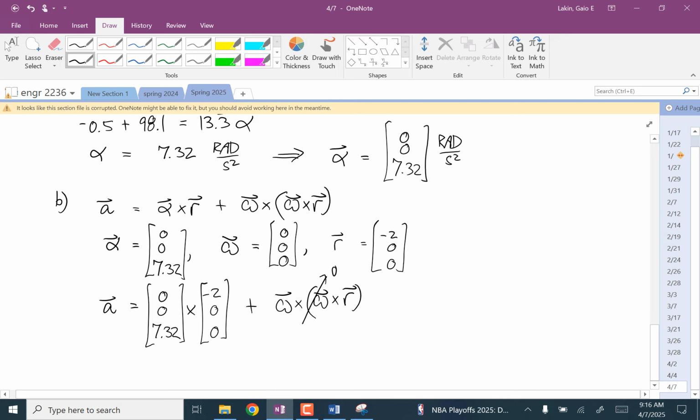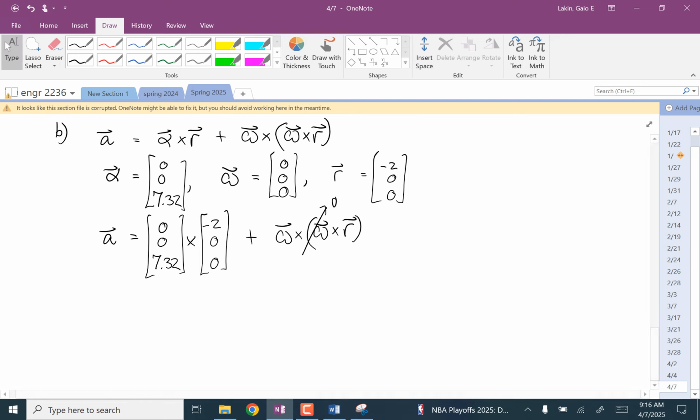I mean, no, because we do know that it's 0. And the acceleration is equal to 0, negative 14.64, 0 for z. Any questions about that?